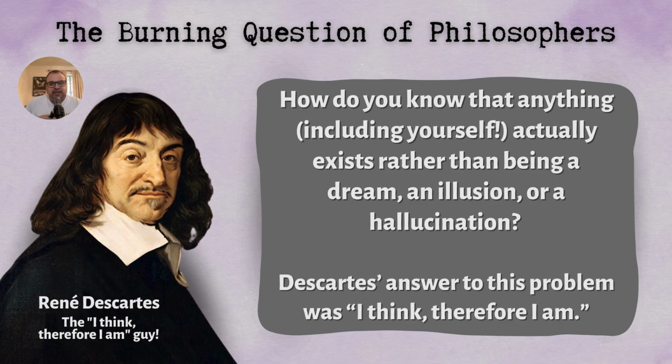Because according to him, if he did not exist, he could not possibly be thinking about whether or not he existed, right? It's a little bit confusing at first, right? If he did not exist, if he was not real, then why would he be thinking about whether he was real or not?